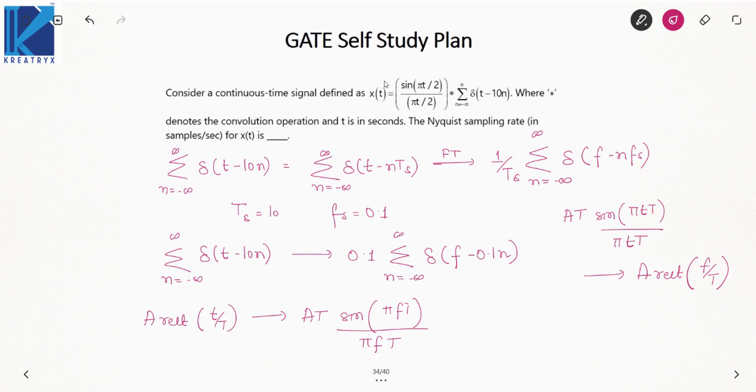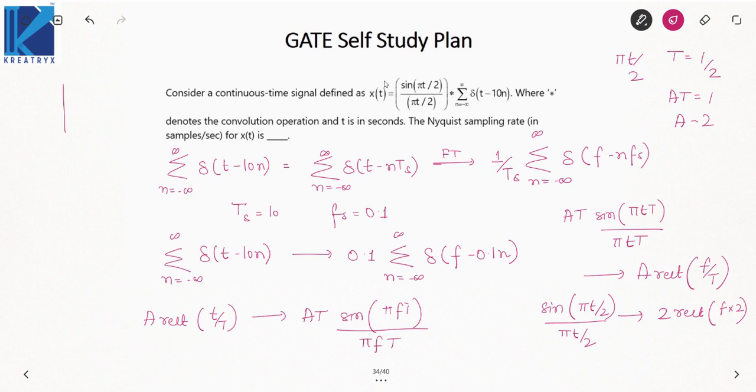Now compare. It has given us pi t by 2, which means capital T is half, and A t is 1, which means A is 2. So what I can say is sin(pi t by 2) divided by pi t by 2. The Fourier transform would be how much? 2 rect(f by 2).